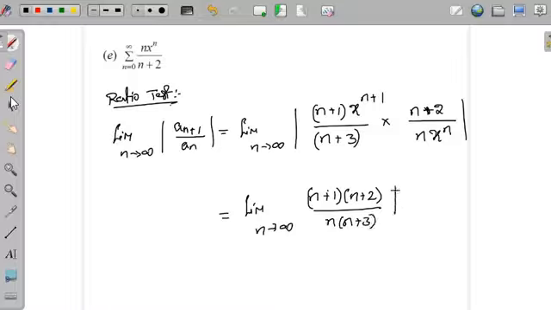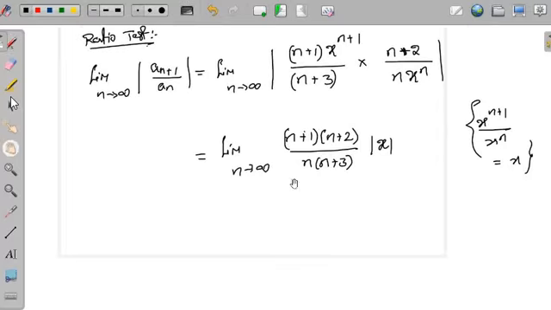This into modulus of x to the power n+1 by x to the power n, that would be equal to x, right? So therefore you'll have mod x. For the rest, no need of keeping modulus, because anyway that is positive. And what is its limit? You can rewrite it like mod x times limit n goes to infinity.